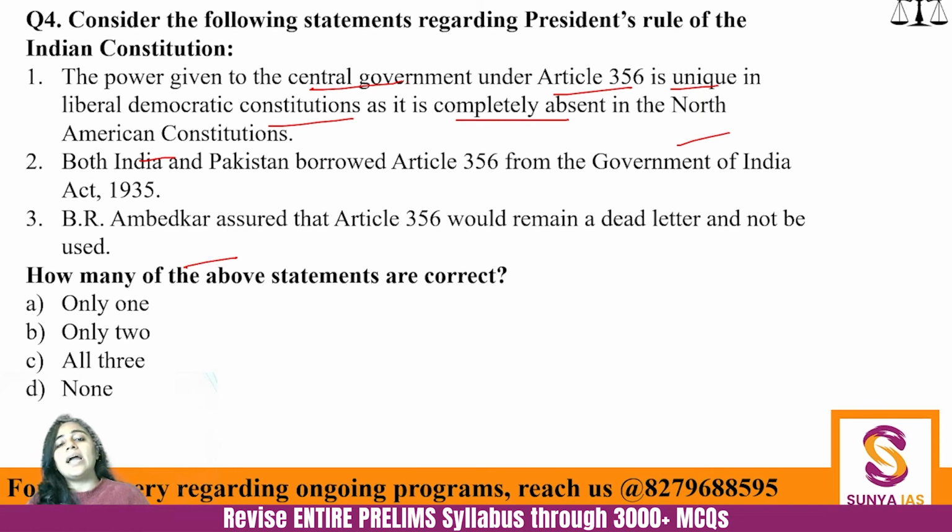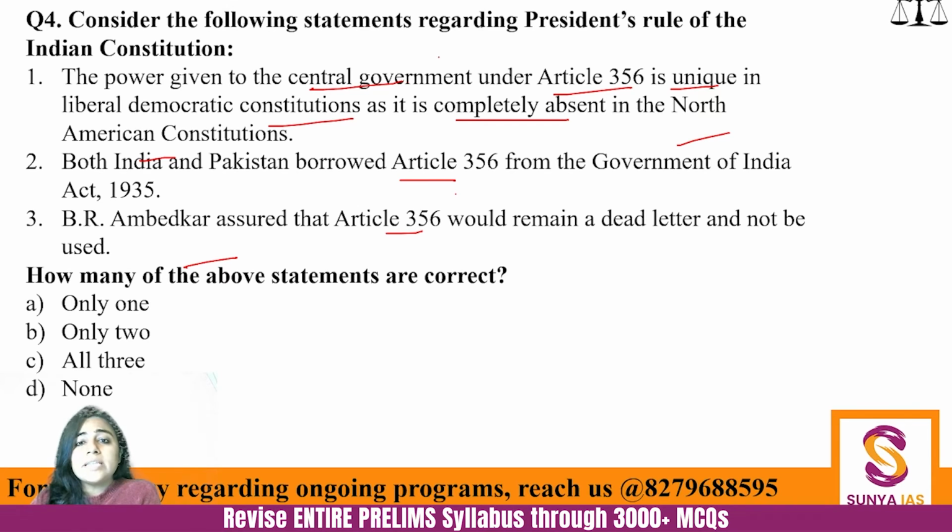Then, both India and Pakistan borrowed Article 356 from the Government of India Act, and B.R. Ambedkar assured that Article 356 would remain a dead letter and not be used. So, how many of the above statements do you think are correct? See, you have to find the completely incorrect statement first. Is there any completely incorrect statement in this particular question? Not visibly. Okay, so let's go statement by statement.